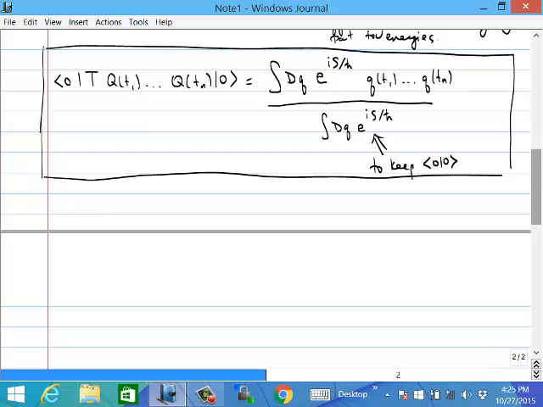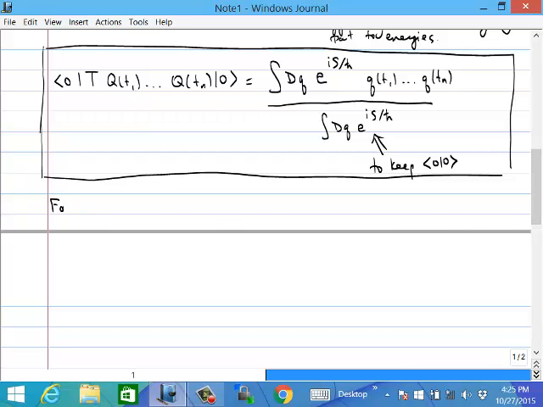Okay, well, first things first. Here I've written down the formula for the computation of some correlation function in quantum mechanics for a single degree of freedom that I called Q, which could be the position of some particle. It's straightforward, I hope, to see that if we want to generalize this to many degrees of freedom, let's call them Q sub i, then we just integrate over all paths that those many coordinates could take through configuration space.